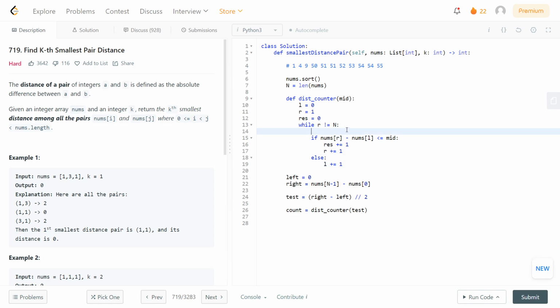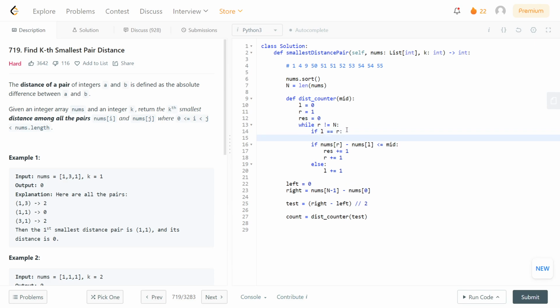But in a case if left is equal to right, right is plus equal 1.